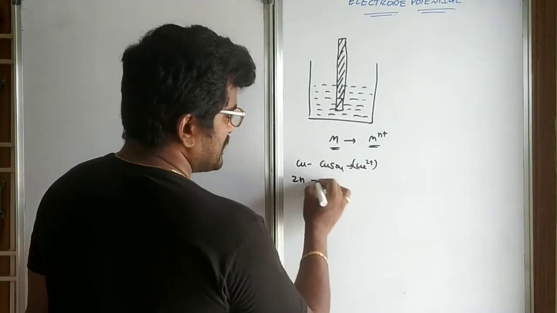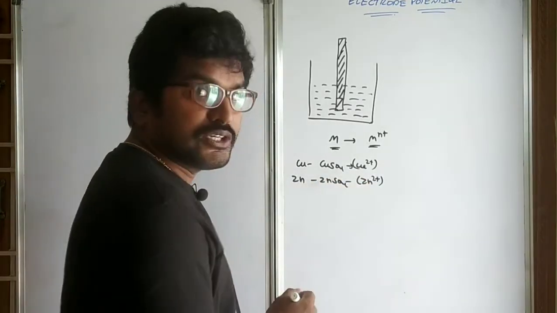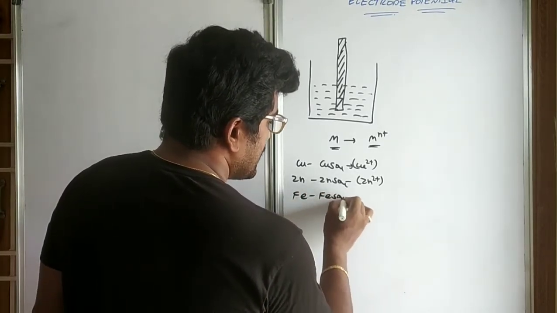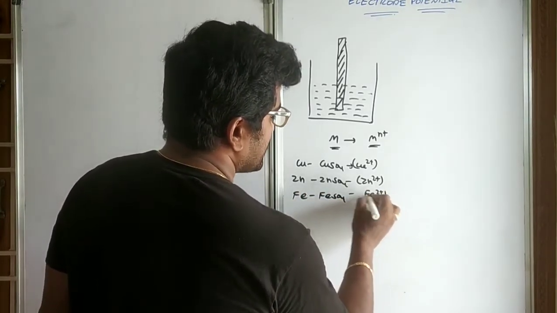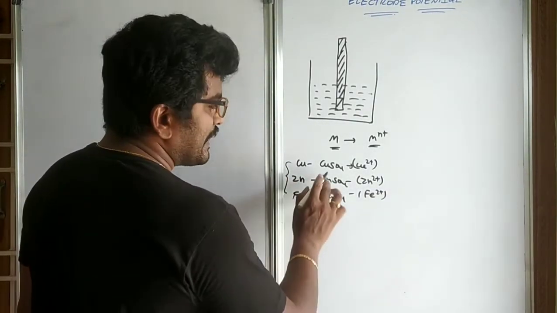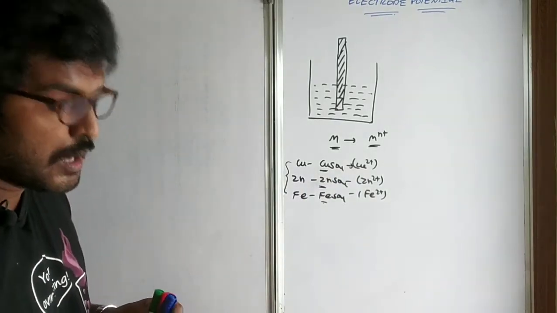Zinc is the metal kept in a zinc sulfate solution having Zn2+ ion. Iron is a rod dipped in iron sulfate solution having the 2+ ion. Like that, you take a metal and dip it in an electrolytic solution having the same metal ion.